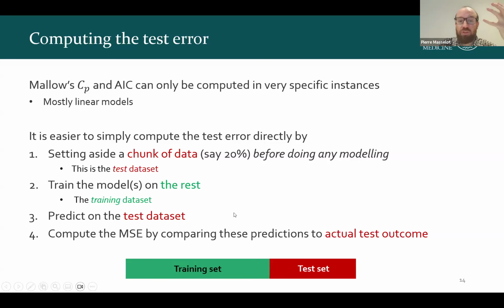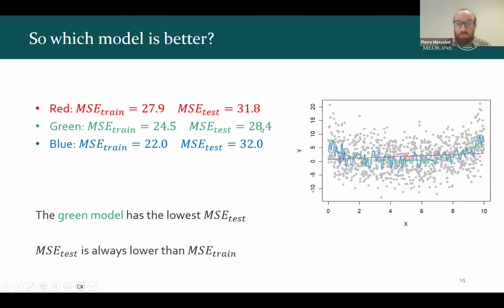And so on those predictions, since it's part of your data initially, you can compare your predictions on this test set to their actual value of the target Y. And so with these predictions and the actual value, you can compute the MSE by comparing these predictions and the actual test outcome. And so it gives you a nice estimate of this generalization error.